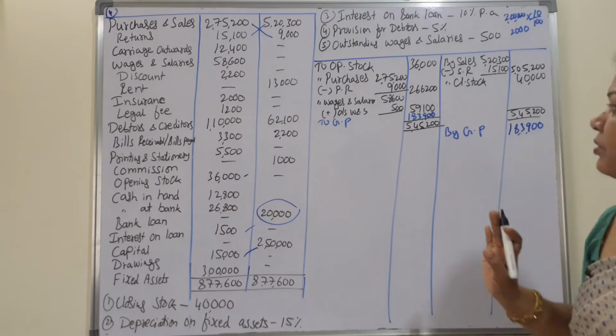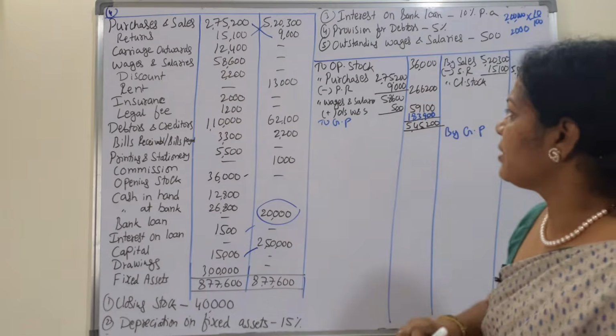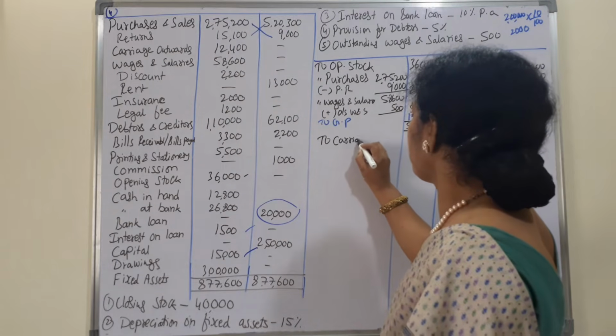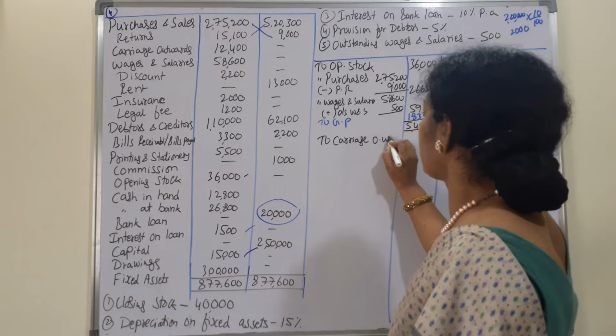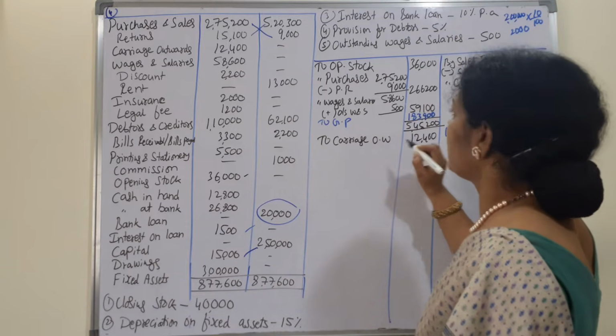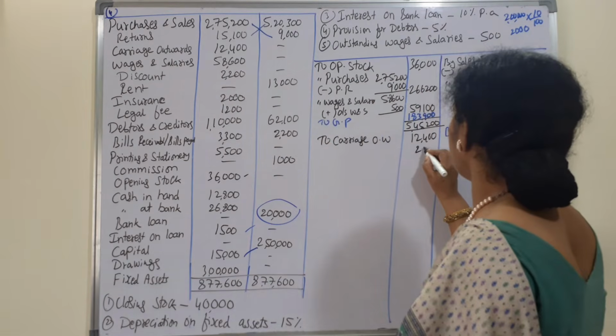Now the P&L account. For the P&L account we'll see the transactions. Carriage outwards, we'll take it here: carriage outwards 12,400. Next, wages and salaries are over; discount 2,200.